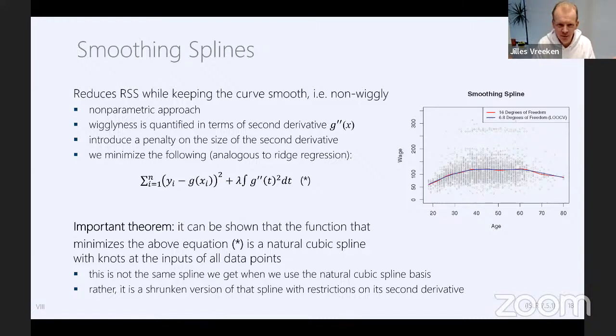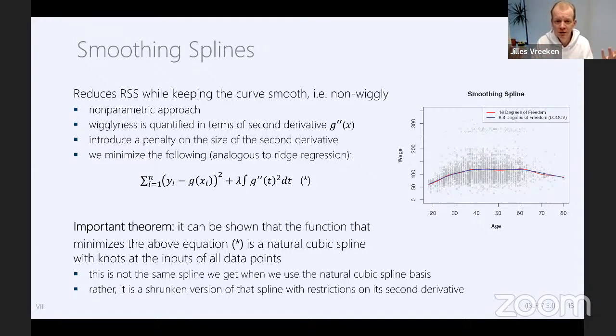So effectively, smoothing splines and natural cubic splines are joined at the hip. They are essentially the same. They are just different formulations that allow us, in this particular case, to directly focus on the smoothness without having to choose the location of the knots, because the knots are everywhere.